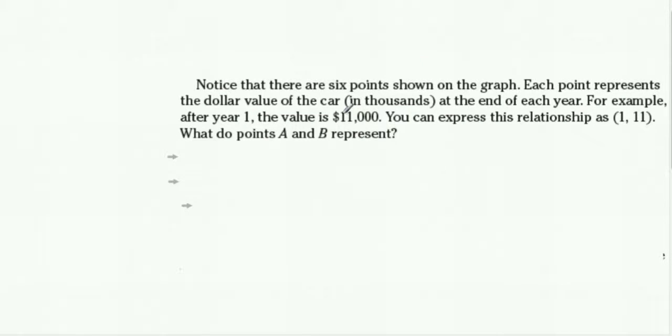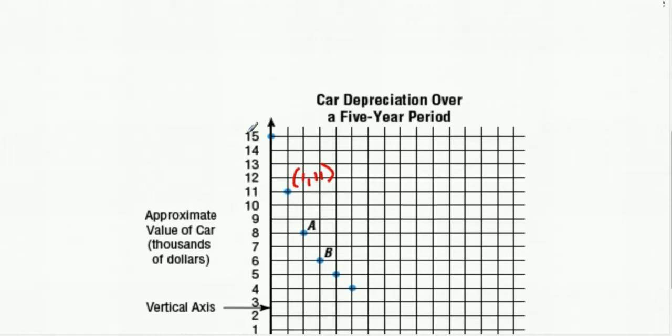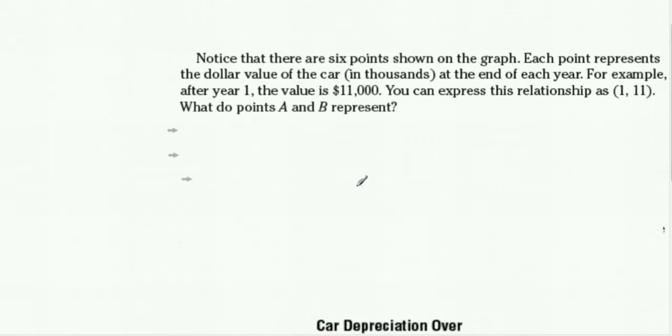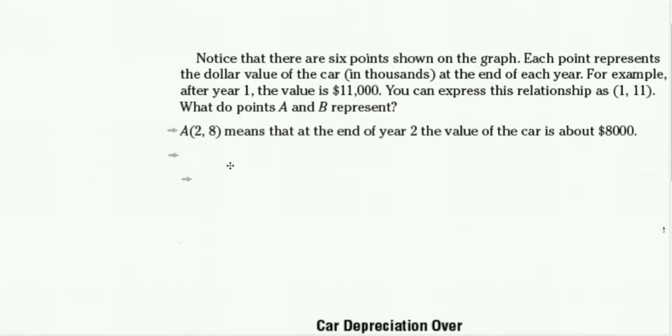What do points A and B represent? The x-coordinate of A is 2 and the y-coordinate is 8. So A is actually the ordered pair (2, 8). What does that represent? It simply represents that at the end of year 2, the value of the car is about $8,000.